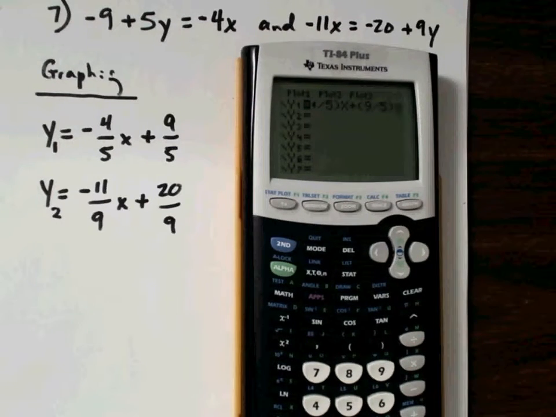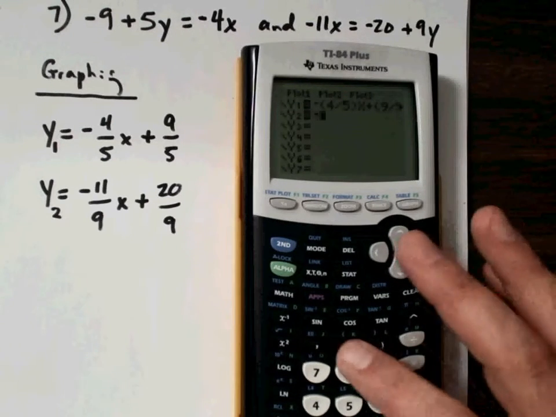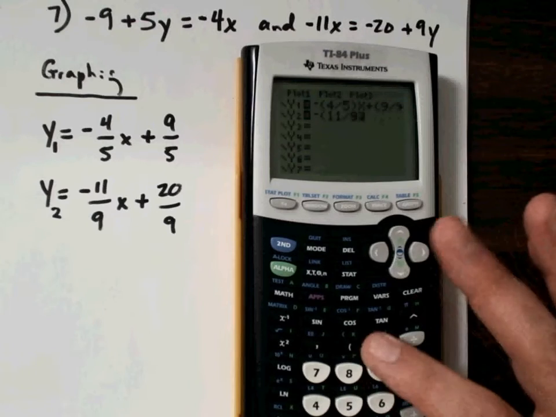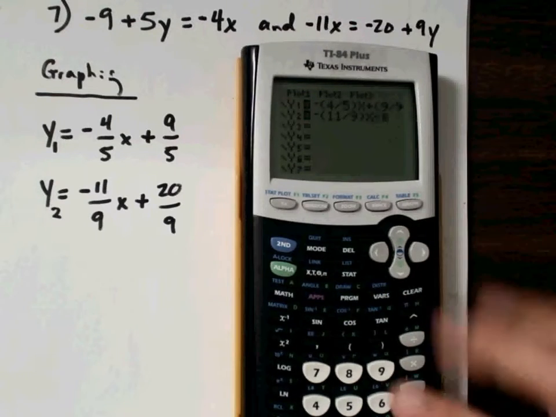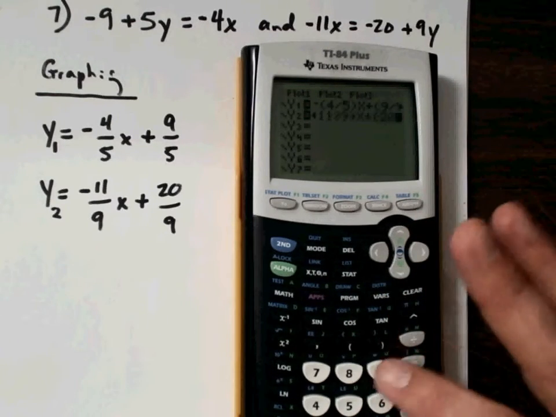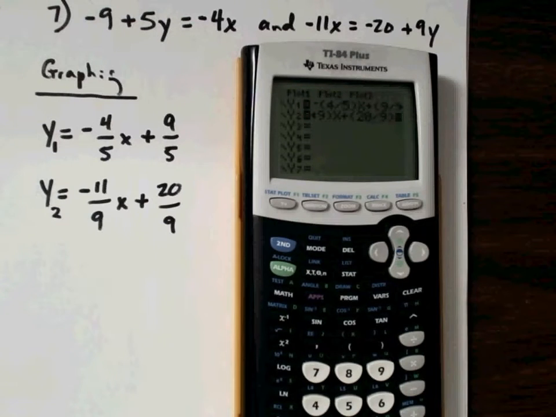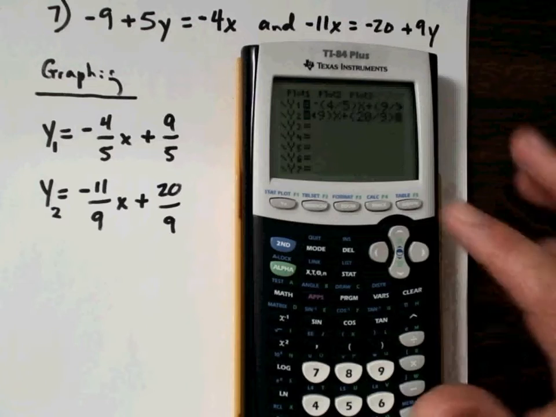Okay? Then I'm going to go negative parentheses 11 divided by 9 close parentheses x plus parentheses 20 divided by 9 close parentheses. Everybody okay? All right. I'm going to graph it.